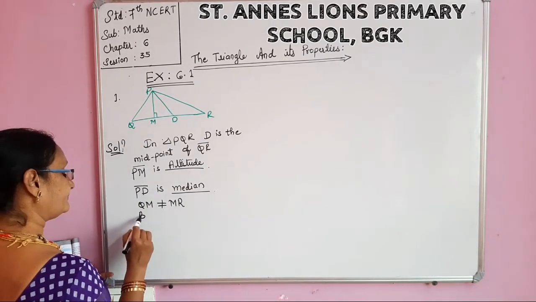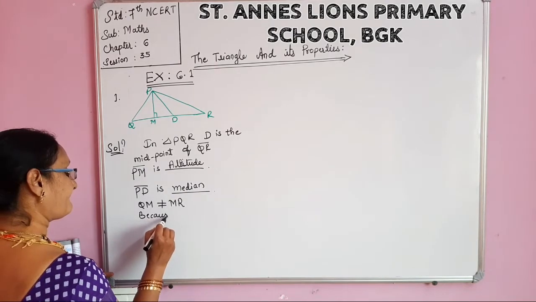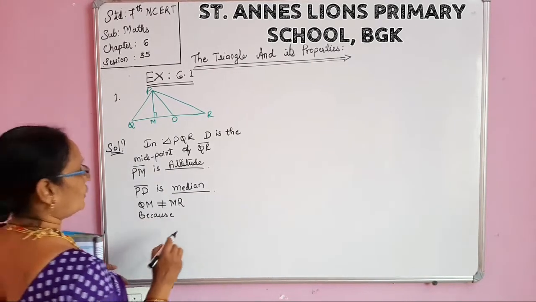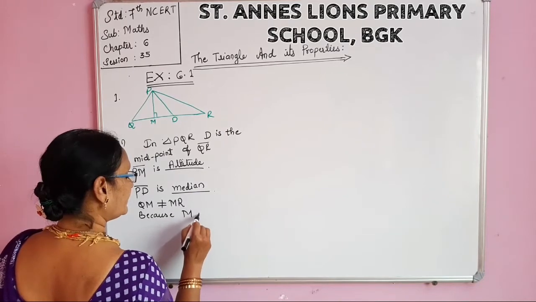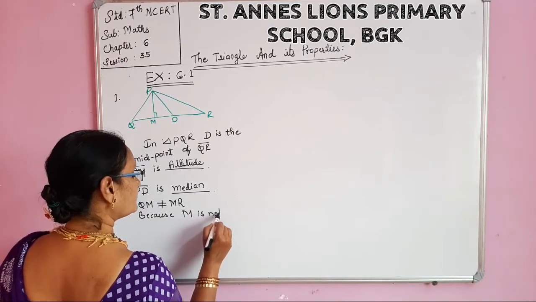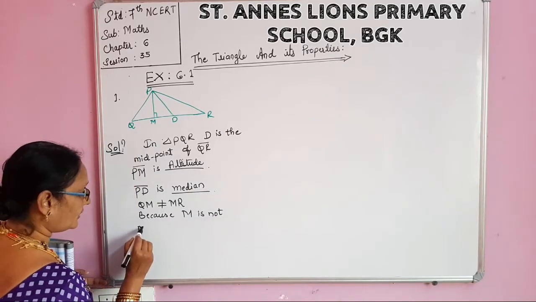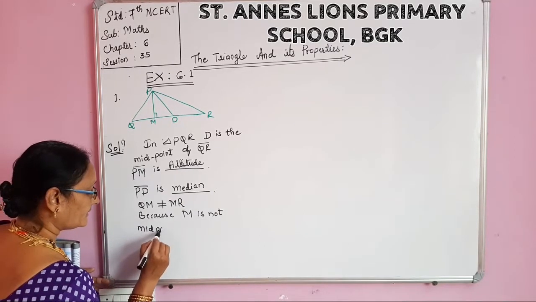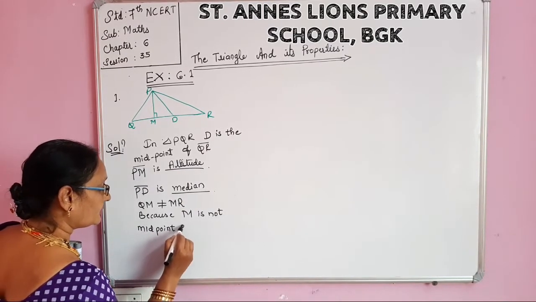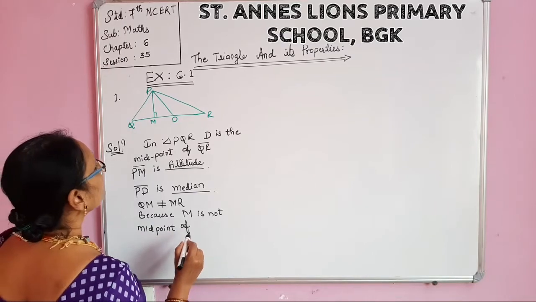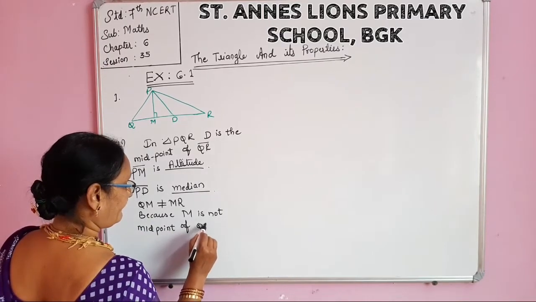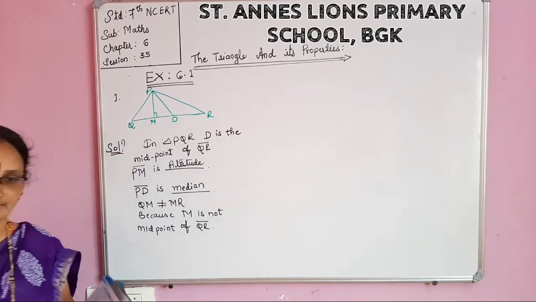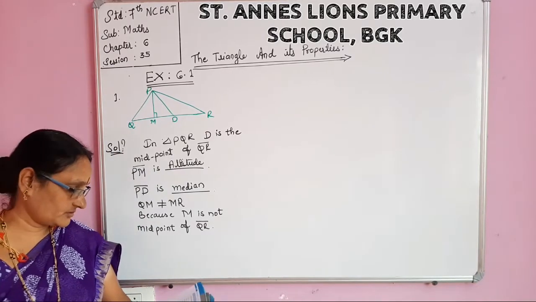Because M is not the midpoint of QR. Okay, this is the first main.